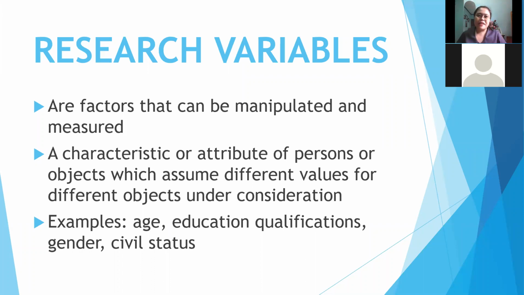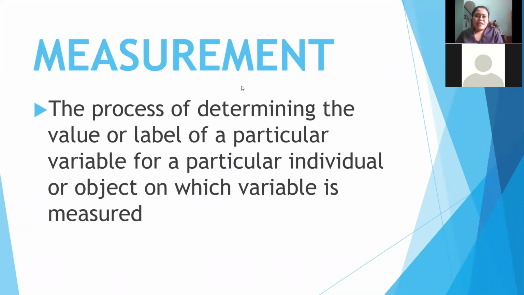So it is still considered a research variable, because again, a research variable is anything that can be manipulated or measured in the research. Okay? Of course, when we say measurement, it's a process of determining the value or the label of a particular object or person. So it can be an object, or a human participant. Again, these are variables that can be measured.